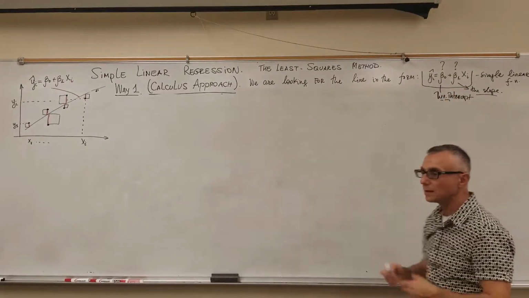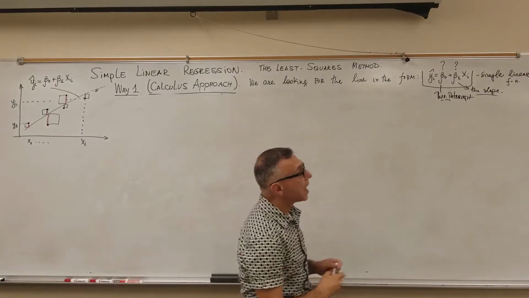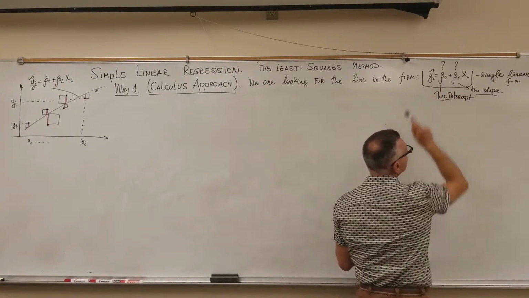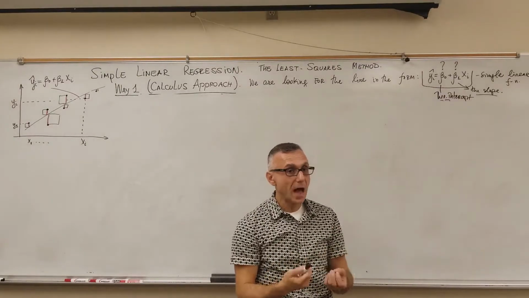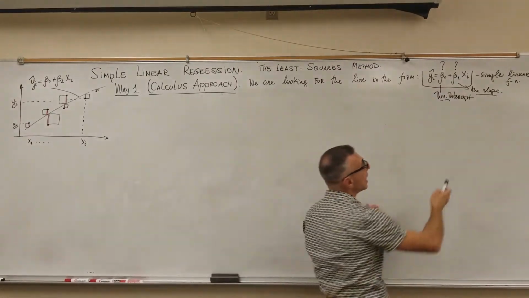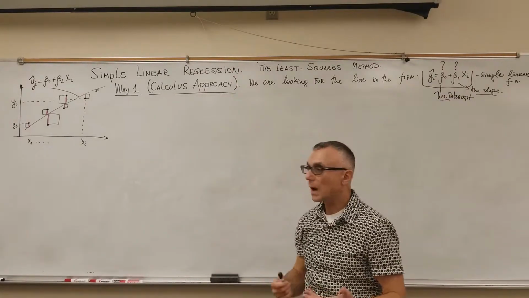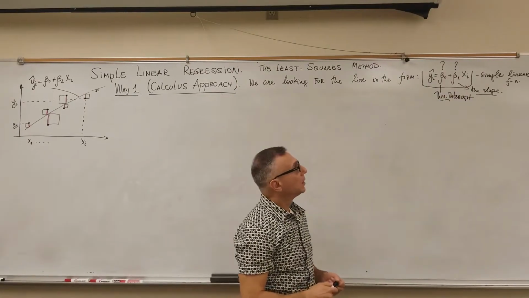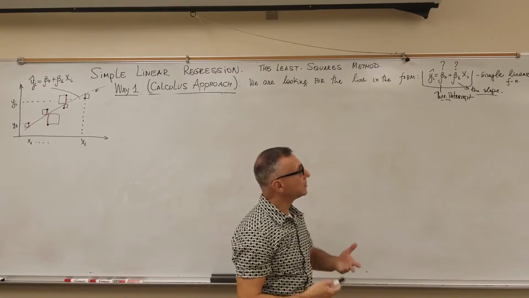Beta 0, beta 1 are unknown parameters. I'm looking for those slope and intercept. Actually, y and x are not variables here in this case. They're observed values. They are given to us, xi and yi, or y hat values. So we're looking for beta 0, beta 1.